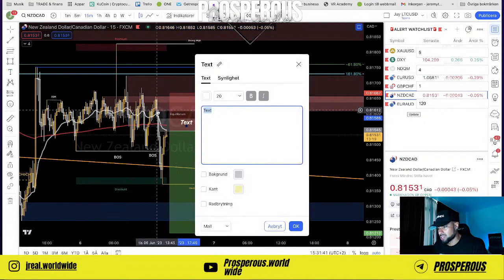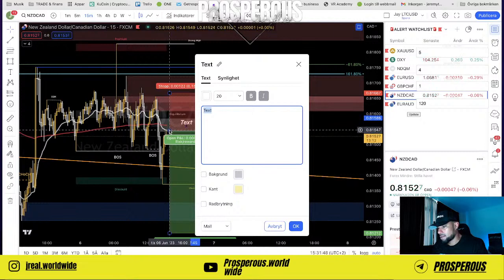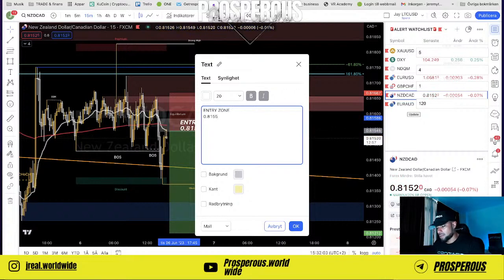The entry zone starts at 0.8155 and goes all the way to 0.8165.